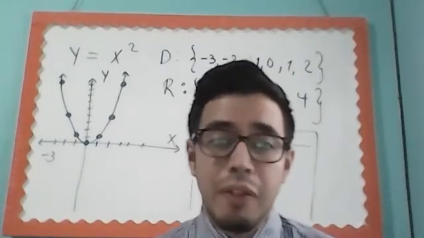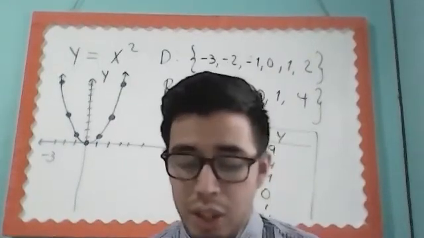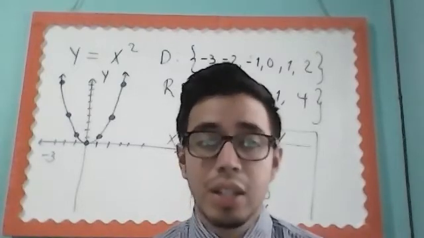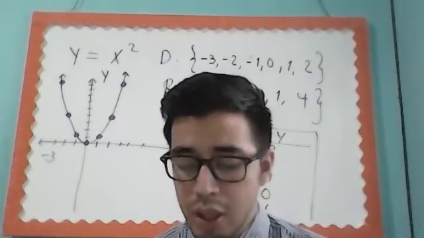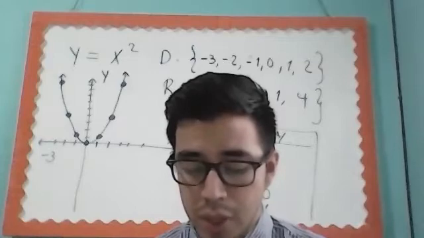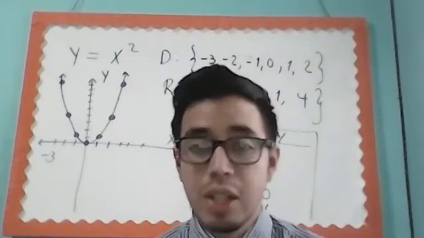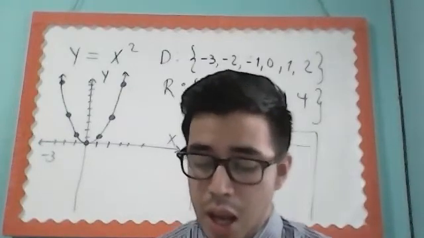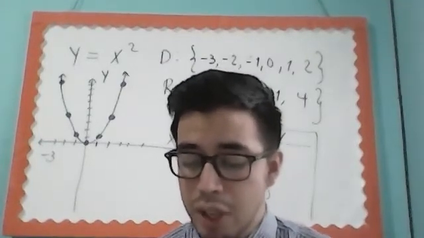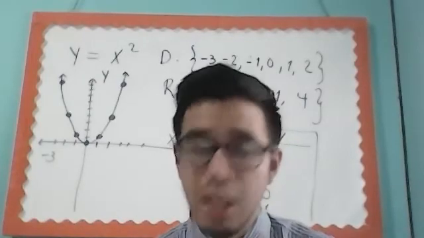They give you the graph. They are only asking you for the value when x is equal to 6. So you locate the 6 on the x-axis. You have the graph and you identify the part that is located on the 6 for the x.